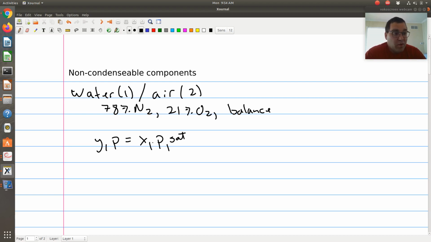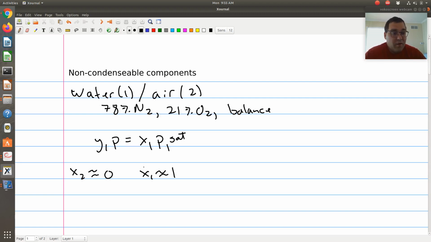Looking over towards the liquid phase, if I have a non-condensable component, air in water, I know that the composition of air in water is going to be really small. We'll just say that it's approximately equal to 0, so that x1 is approximately equal to 1. We'll look at this in later chapters when we talk about Henry's law, but in general, the composition is going to be really small.